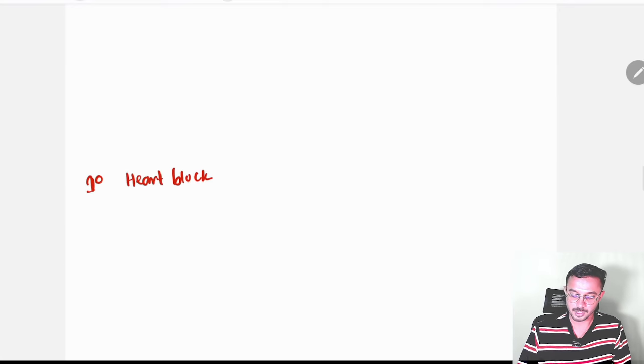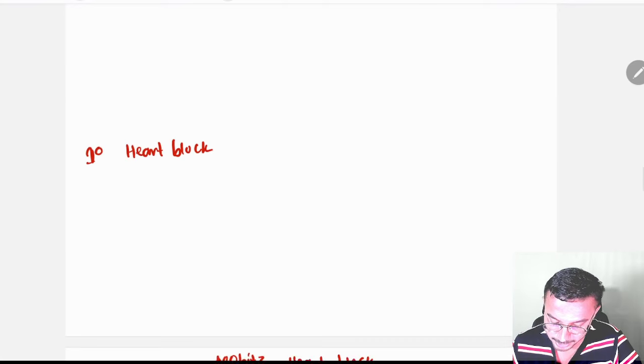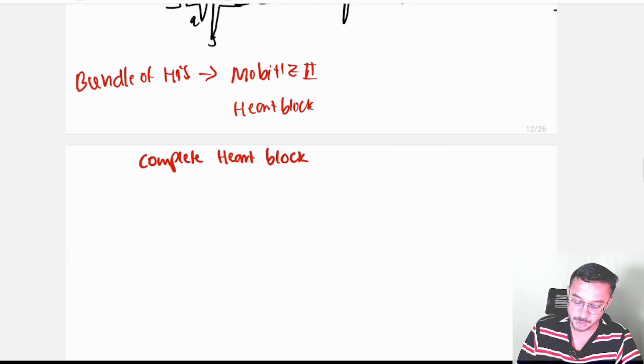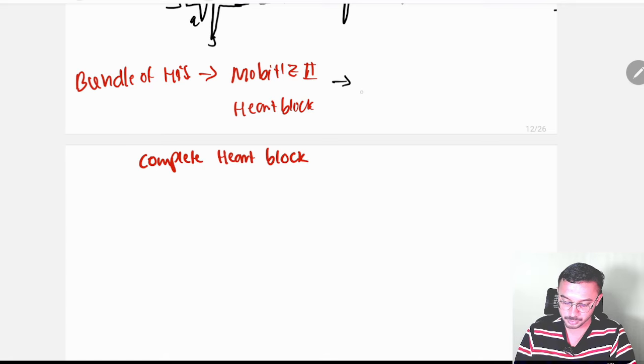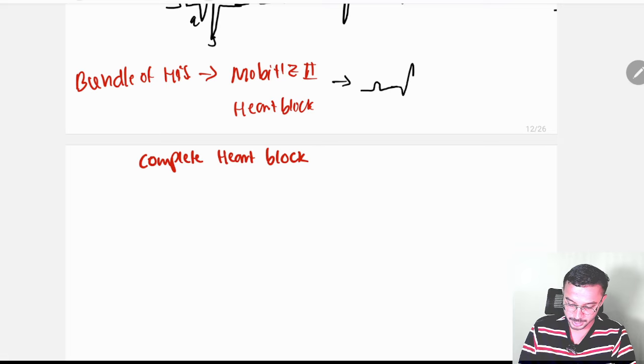Okay. And next let me teach you what you will find on the ECG in Mobitz. For the time being I will draw a hand diagram for you. P wave is coming, QRS is coming, T wave is coming, and next P wave is coming, QRS is coming, T wave is coming, and next here there is an absent QRS complex.